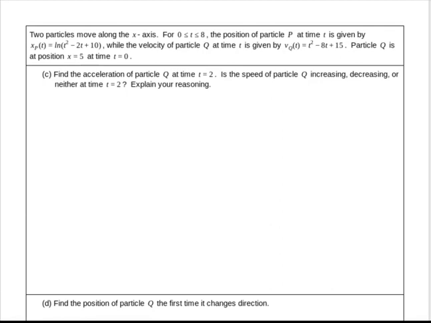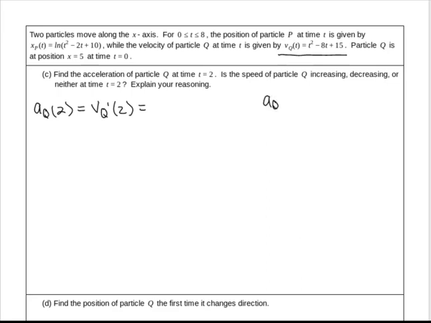Okay, in part C, find the acceleration of particle q at time 2, and then is the speed of particle q increasing, decreasing, or neither? To find the acceleration of q at 2, we take the derivative of the velocity function at 2.